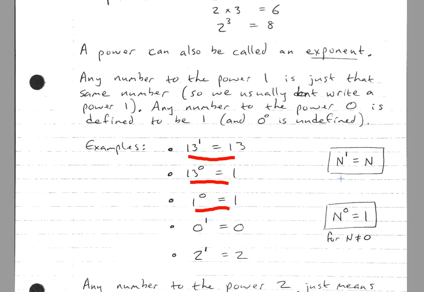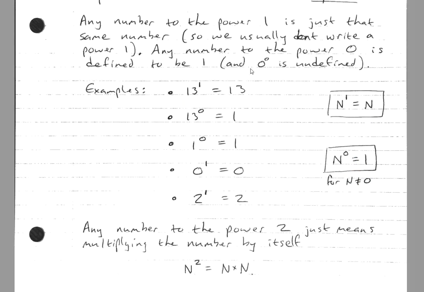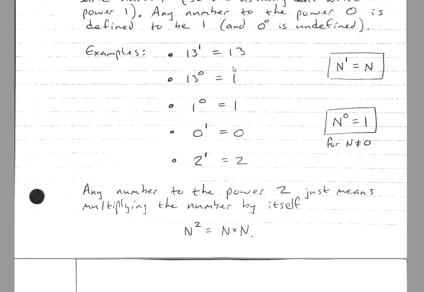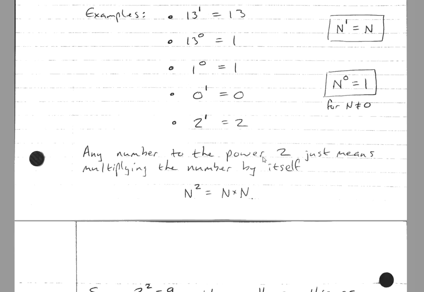So these are the simple rules. Anything to the power 1 is the same number. Anything except 0 to the power 0 is 1. So those are the easiest powers.